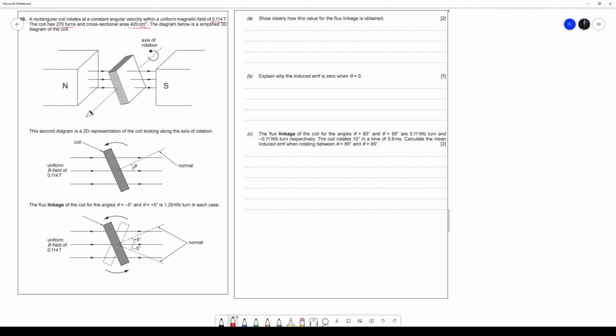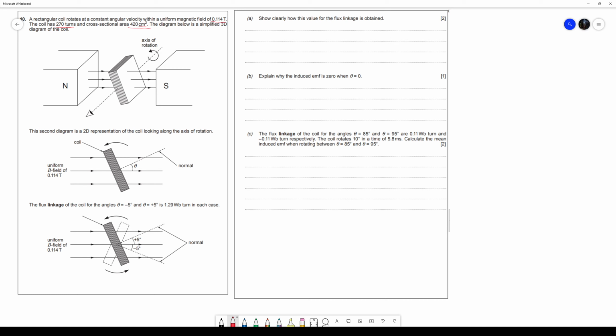So theta here is the angle between the area and the magnetic field. The flux linkage is given as 1.29 Weber turns in each case, for theta equals -5 and +5, and we'd expect it to be symmetrical.